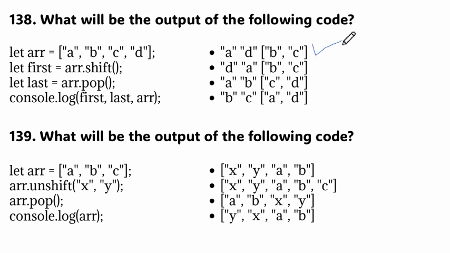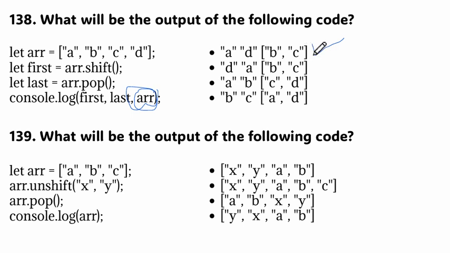So the first one is the correct answer. A has been removed by using the first variable. D has been removed by using the last variable, where we used the pop operation. And B and C are given, you can see, as an array, because only B and C are left inside the array.